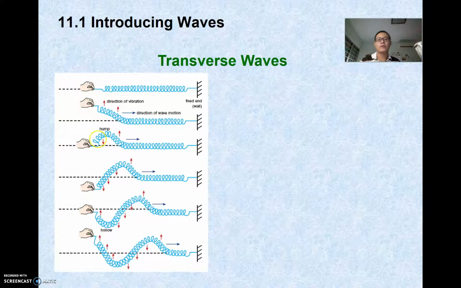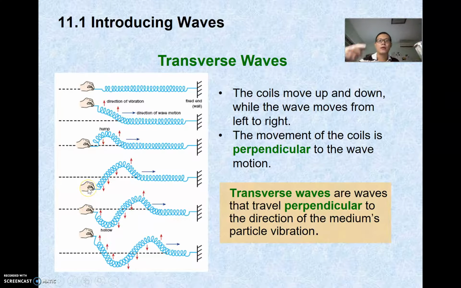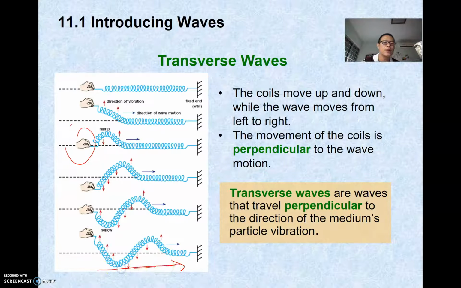For a transverse wave, you find that while I'm swinging up and down, my hand is moving up and down. While I'm moving up and down, you'll find that my wave is still moving, eventually moving from left to right. But surprisingly, if you look at the particle at each location, you'll find that the particle only moves at regular intervals up and down, while the wave moves left to right.